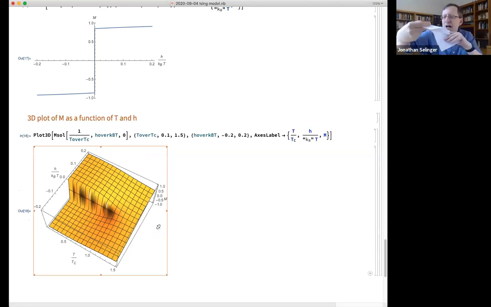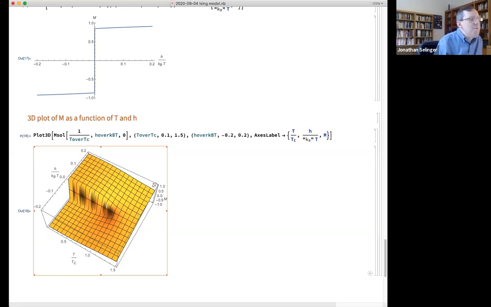So you have smooth behavior above the critical point, you have smooth behavior down at this branch and this branch, but there's a discontinuity in between. And the discontinuity comes to an end right there at the critical point. Okay.